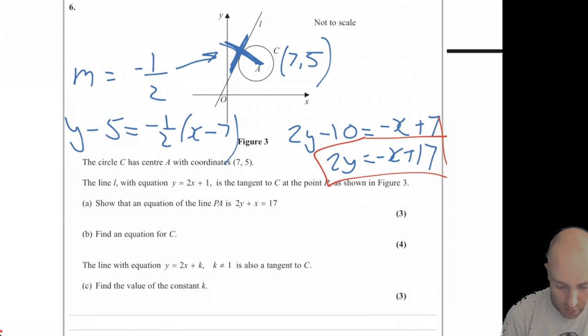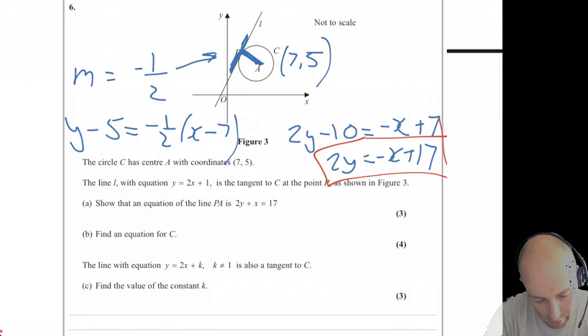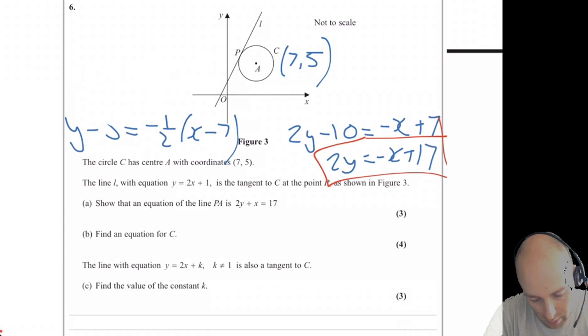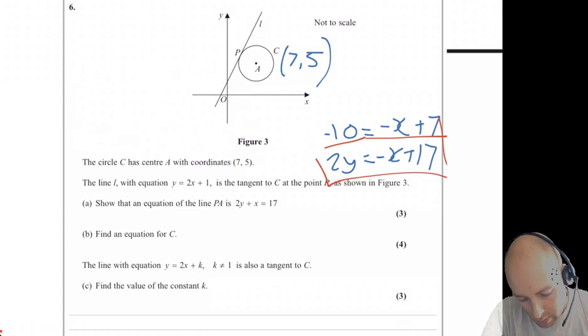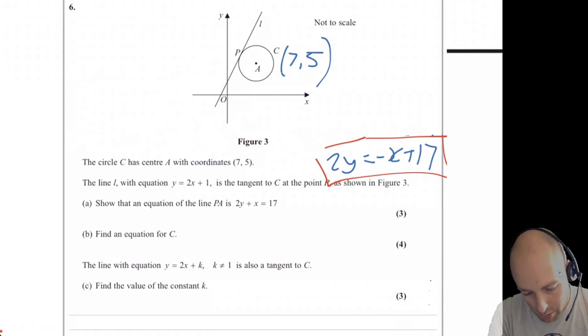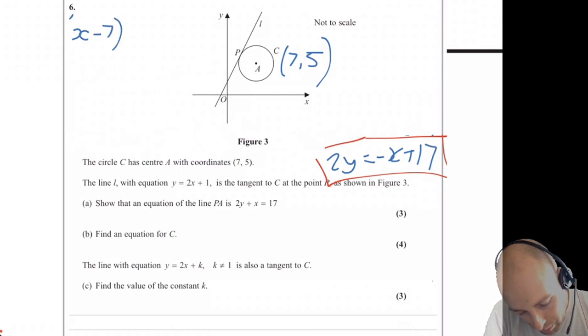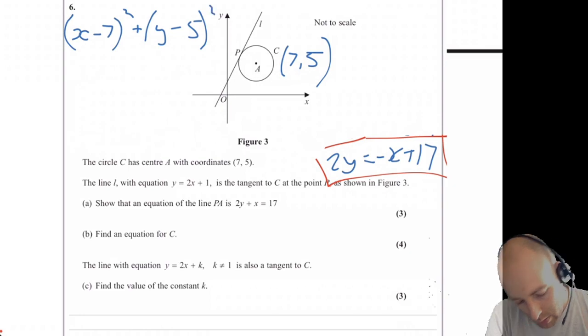Next bit, find an equation for the circle. All right, so equation for the circle, a little bit trickier. We can start our equation for the circle by saying it's going to be x take 7 squared plus y take 5 squared equals the radius squared.